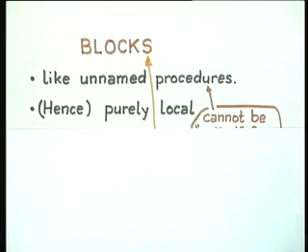If you have an unnamed block, then it cannot be called from anywhere, which means that it is a purely local block, and therefore if there were any declarations, they are purely local to that part of the block.